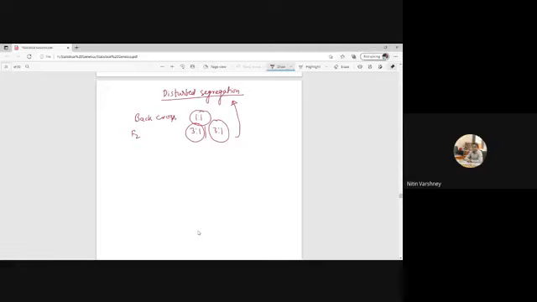So they will segregate in a different ratio than our expected one. Suppose these are the expected ratios, but 1:2, 2:1 is also one ratio. So this will not segregate in our expected ratio. Then this phenomenon is known as disturbed segregation.